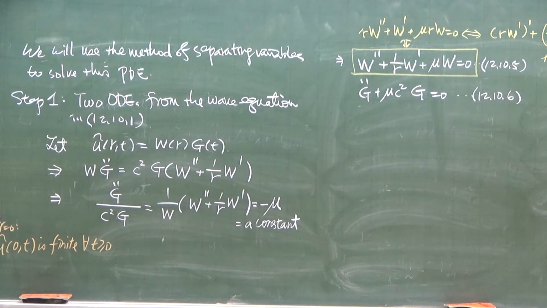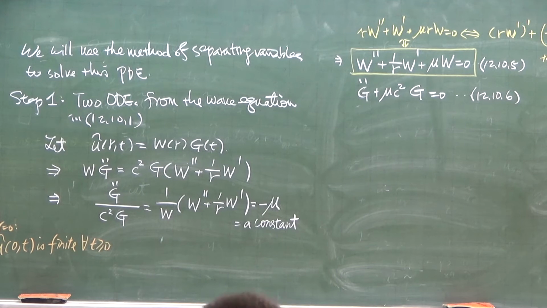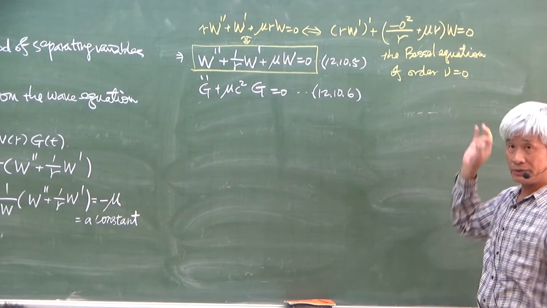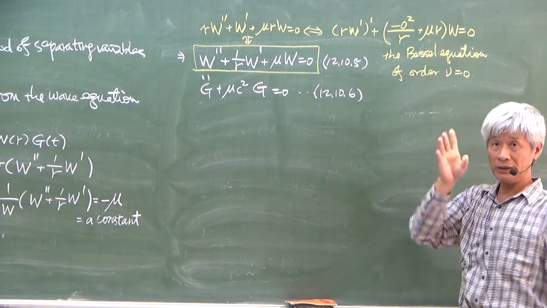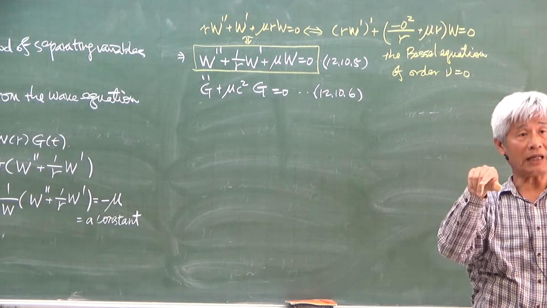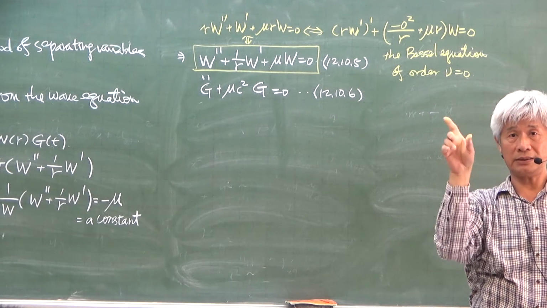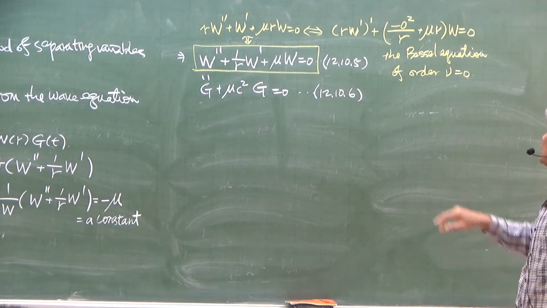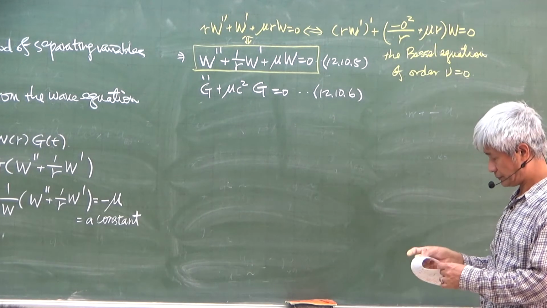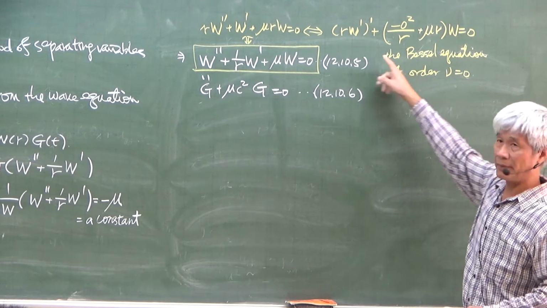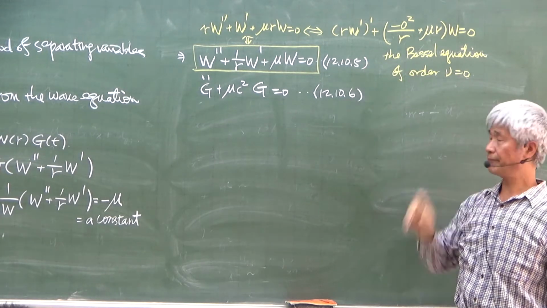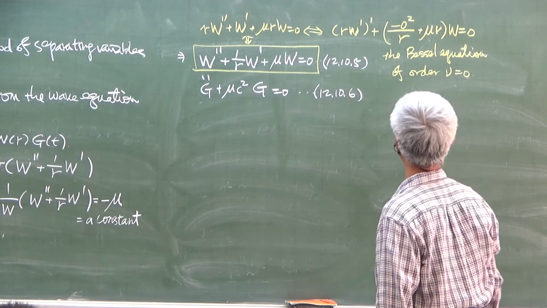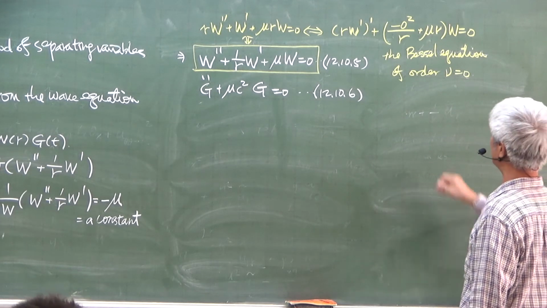So this is the Sturm-Liouville problem we encountered before, with the order equal to 0, but we have the mu here. The mu here is just a lambda, which we discussed in chapter 11. So we learned that, and we have some experience about this.